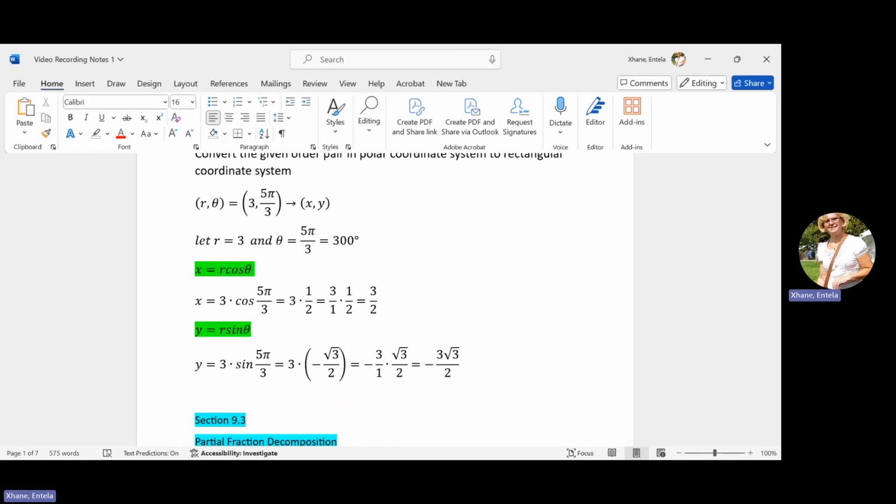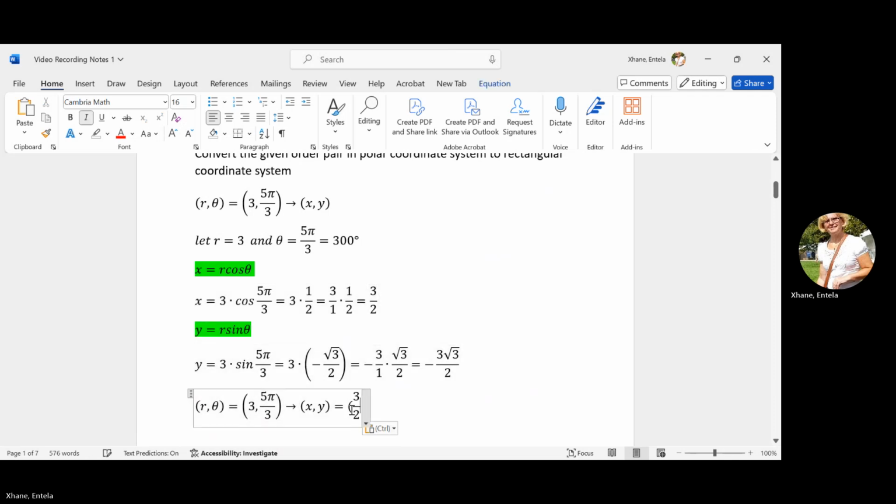And now we have an ordered pair of r and theta converted into an ordered pair of the rectangular coordinate system, which we write as x is 3/2, and y is negative 3 square root of 3 over 2.